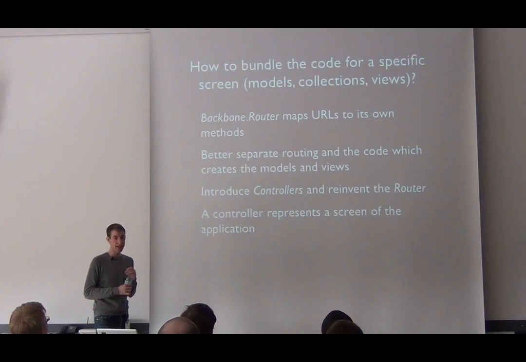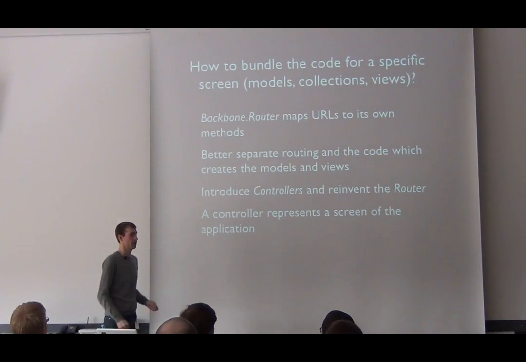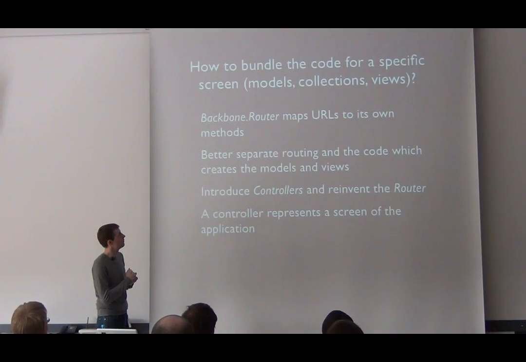As I said, Backbone has routers, and in a router you can declare a URL which is then mapped to a method of the router. I didn't show an example there because we chose a totally different approach. When your application grows, you do not want to have routers which hold the routes, the URLs.